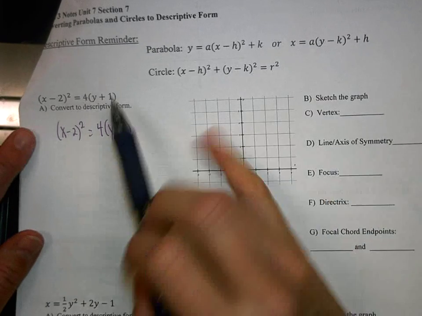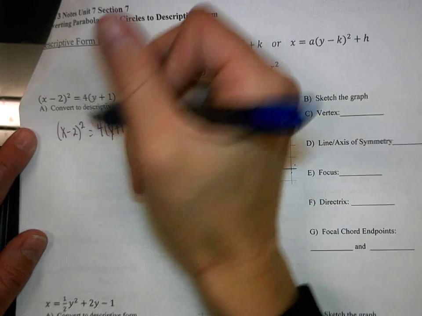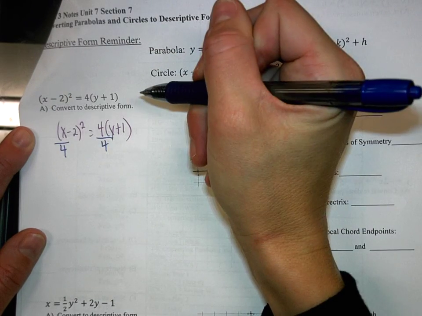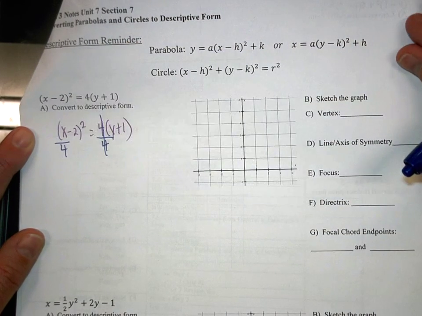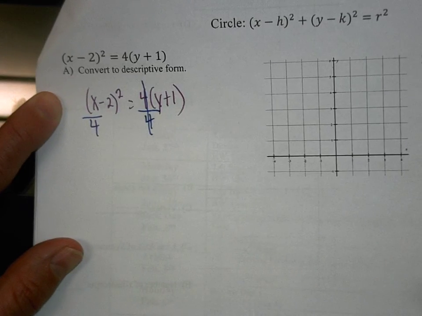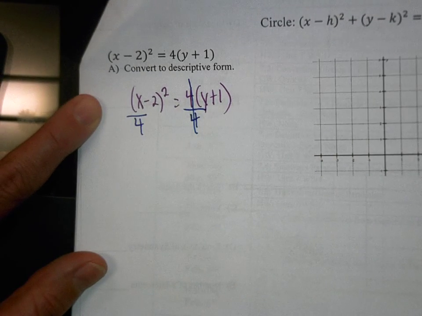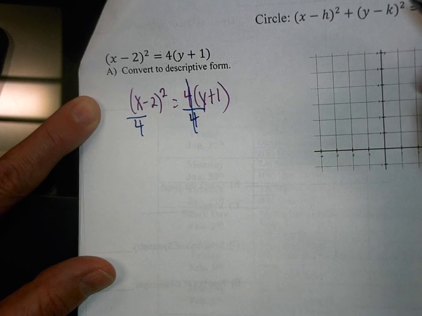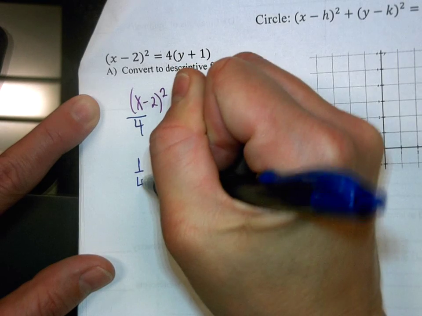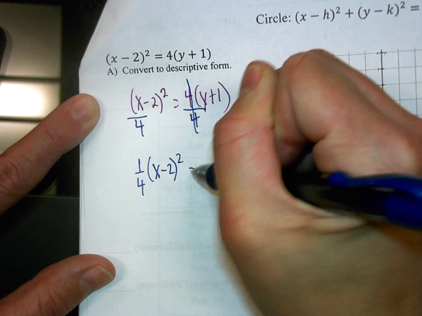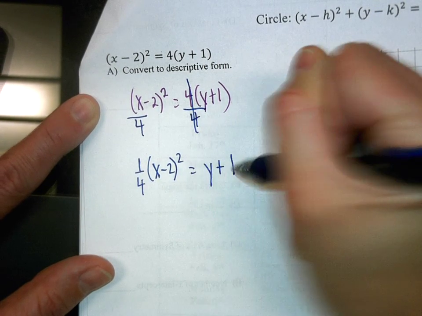So what I mean is, since we want the y by itself, we're going to divide by 4 right here. So that cancels out. Do you want me to make this a little bigger over here for a minute? Okay, so we're dividing by 4. So when I rewrite this right now, this is 1/4 (x minus 2) squared equals y plus 1.